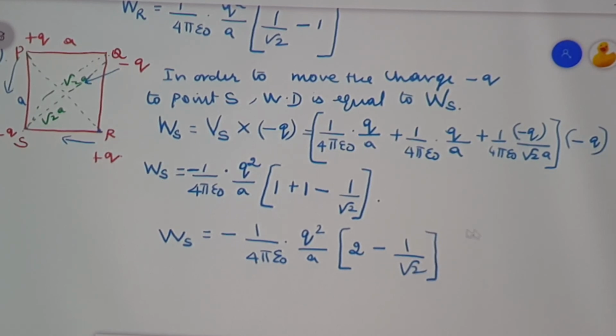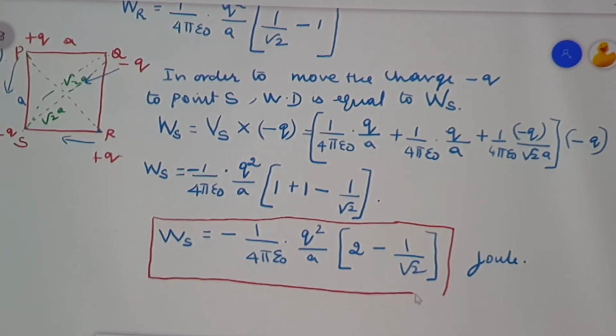This work done is said to be in terms of the unit joule. I think you are clear about this idea. So go through the problem again and just calculate in your notebook the way in which I have gone through. This is the first one.